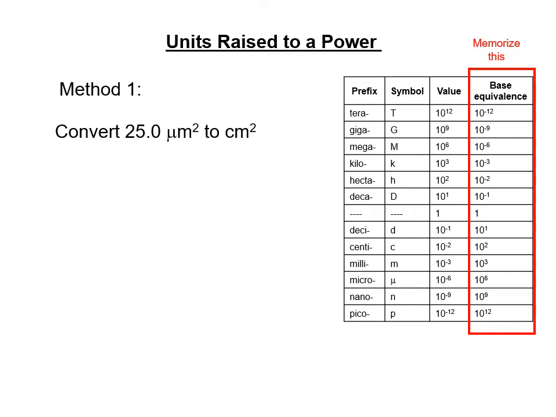Just like before, we start off with what we're given. So we're given 25.0 micrometers squared. Now, 25.0 micrometers squared is the same thing as 25.0 micrometers times micrometers, right?